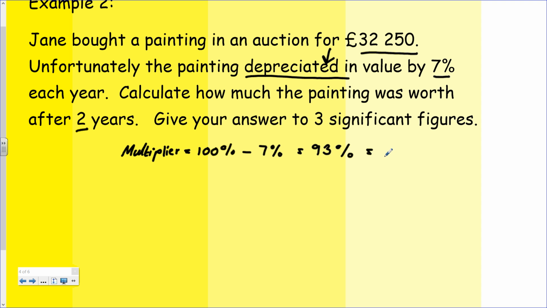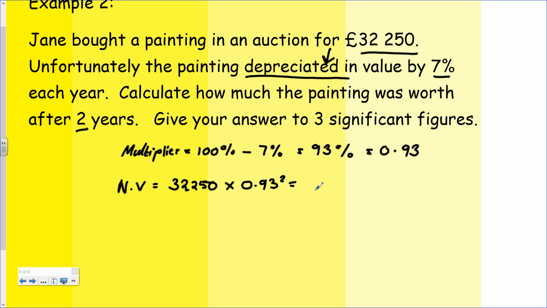We want to convert that to the decimal, which makes it 0.93. And we're ready to work out the value of the painting after 2 years. So the new value is the old or original value, £32,250, times the multiplier, which is 0.93 to the power of 2, since it was 2 years.